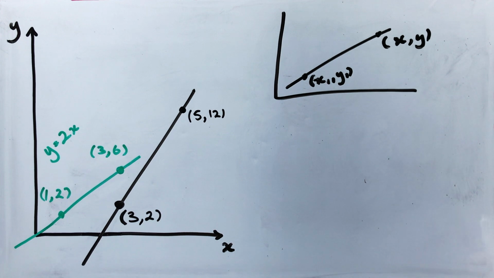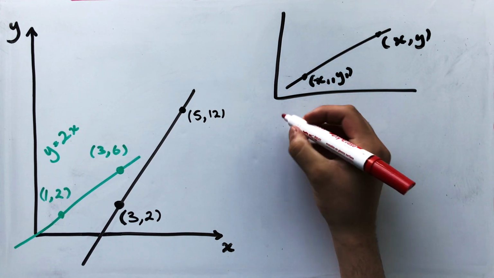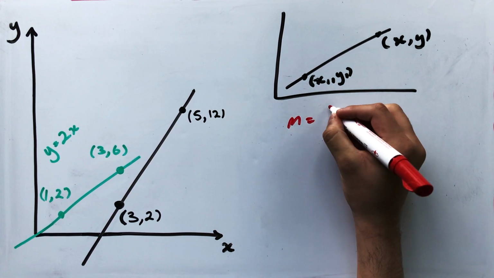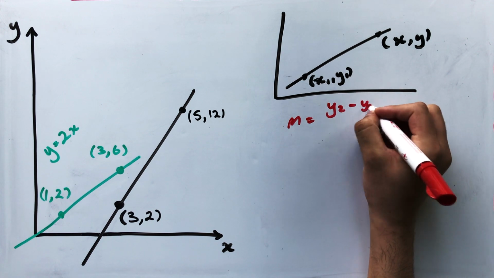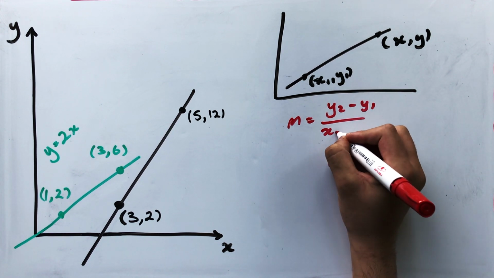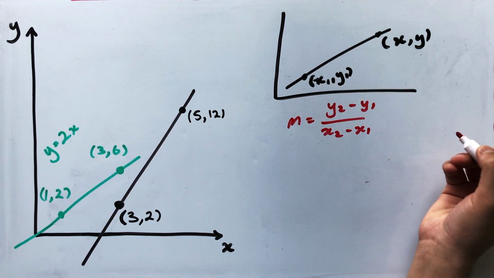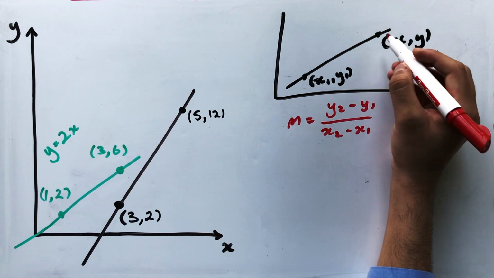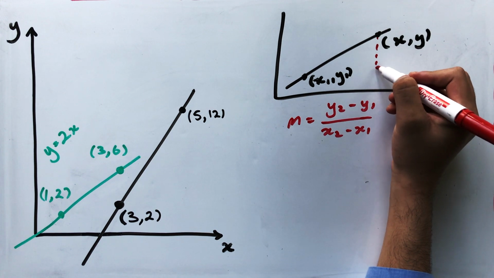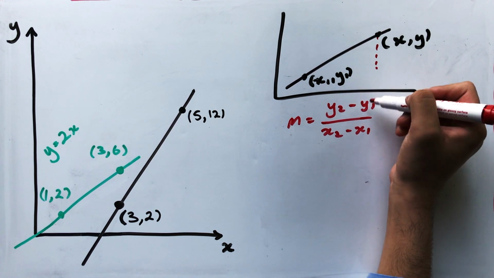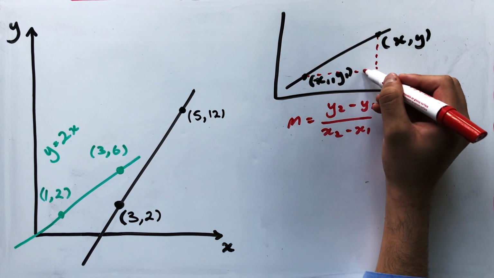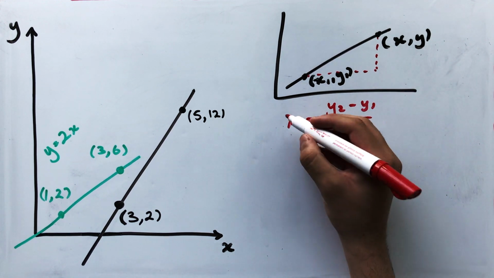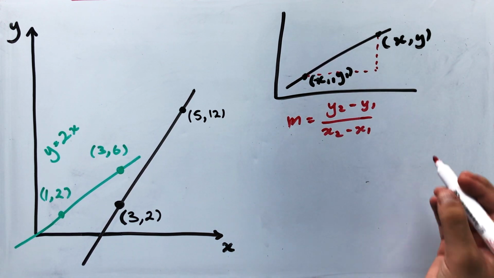So from the last video, you would be well aware that m, which is the gradient, is equal to y2 minus y1 over x2 minus x1. This top part would be this height over here, y minus y1, and this bottom part would be this length over here, which would then give you the gradient when divided.